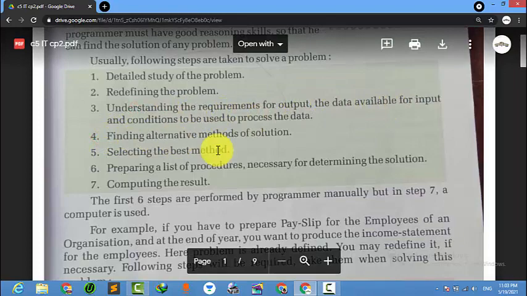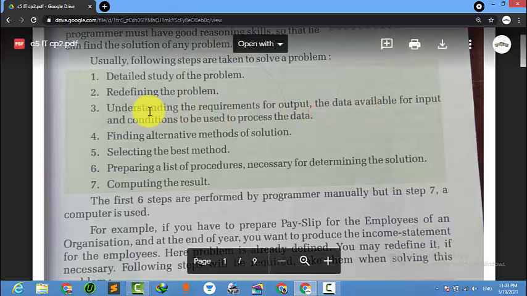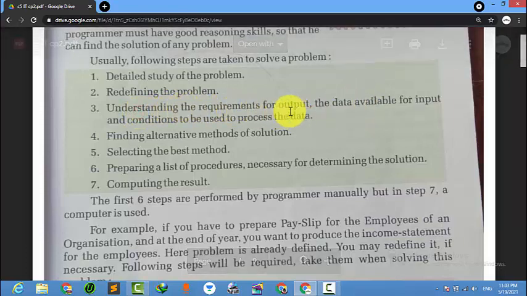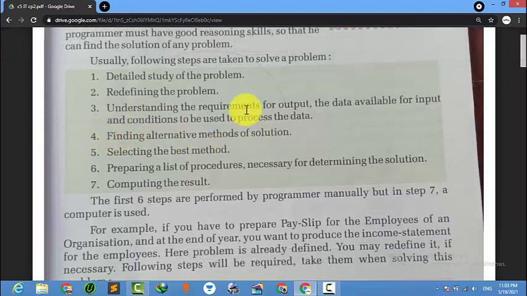The fourth step is finding an alternative method. Suppose there is no data available, or we are searching for a particular item which is not available. So in the fourth part we will find whether there is any alternative. Suppose your PC is not working or you could not play games. There can be two options, right?